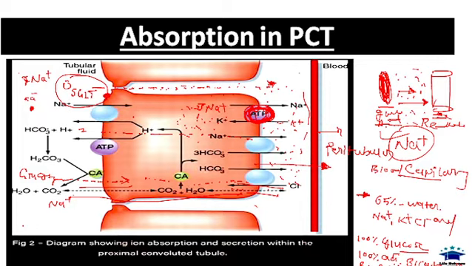If we talk about the sodium amino acid symporter, these are present on the apical side of the cells in the early segment of the PCT, which absorb all the amino acids in the PCT. In the lumen there are lots of amino acids.